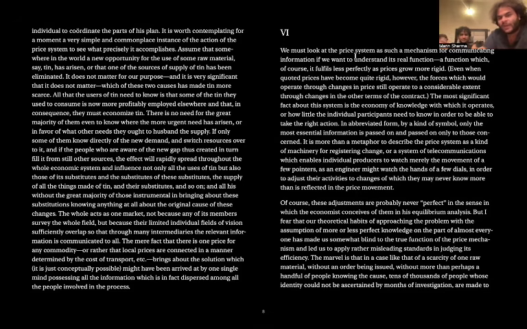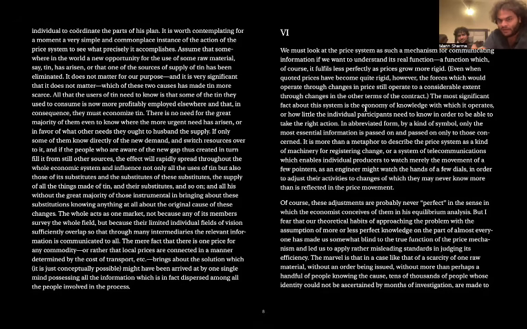We must look at the price system as such a mechanism for communicating information if we want to understand its real function. A function which, of course, it fulfills less perfectly as prices grow more rigid. Even when quoted prices have become quite rigid, however, the forces which would operate through changes in prices still operate to a considerable extent through changes in other terms of the contract.